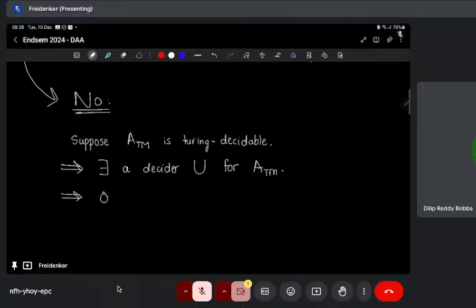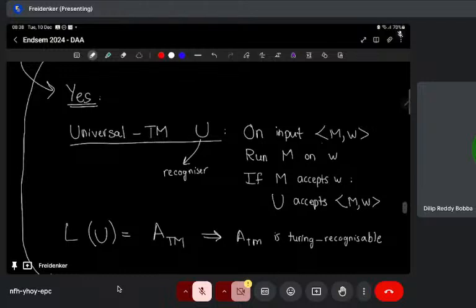So on every input that looks like M comma W, U is going to halt. In the previous case, is there something called halting?